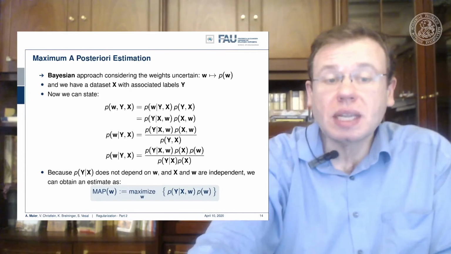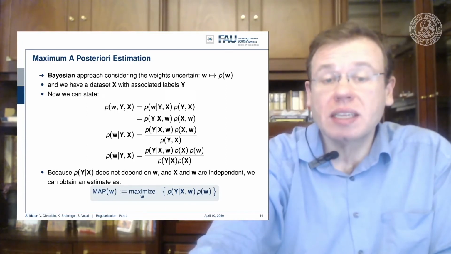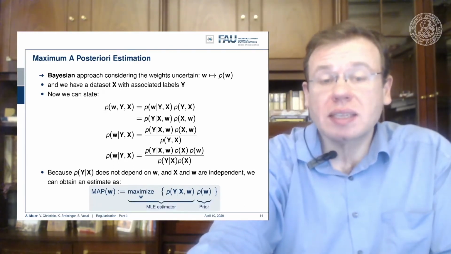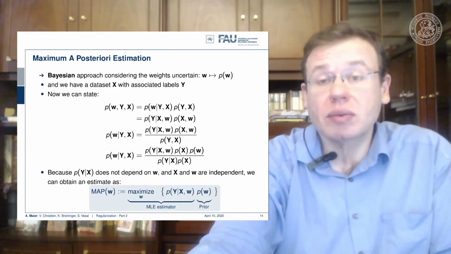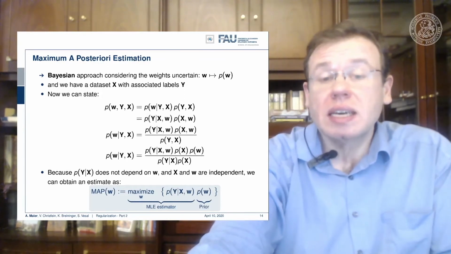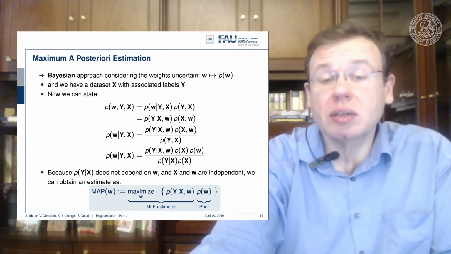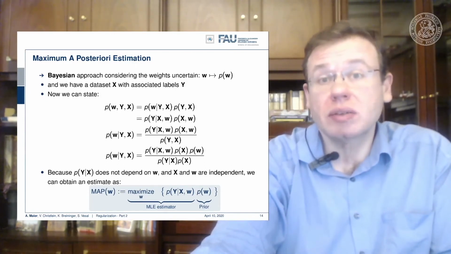So we can actually seek to maximize the joint probability as maximizing the conditional probability of Y given X and W times the probability of W. So typically we solve them as maximum likelihood estimators, the left-hand side problem, times the prior on W, which is the right-hand side problem. So we essentially can say this is a maximum likelihood estimator, but we augment it with some additional prior information. And here the prior information is that we have some knowledge about the distribution of W.